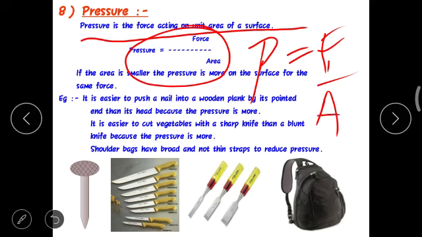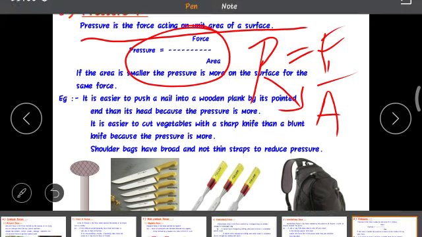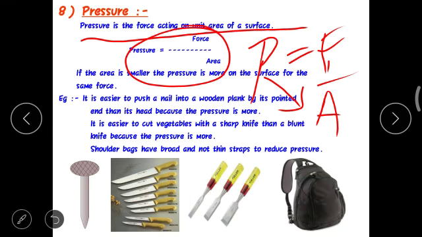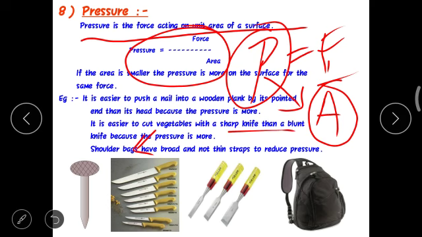As you are watching here, pressure is inversely proportional to area. The more the area, the lesser the pressure, and the lesser the area, the more the pressure. Due to this application of pressure, we can easily cut an apple or any object with the help of a knife. A sharp-edged knife has a small area, due to which it can apply more pressure and easily cut our apple.